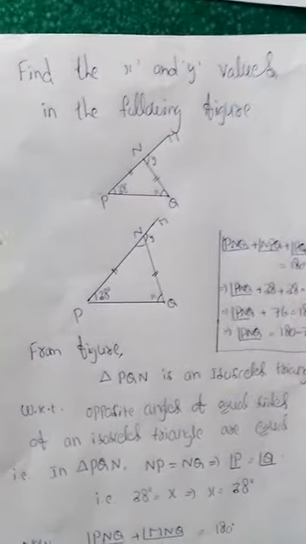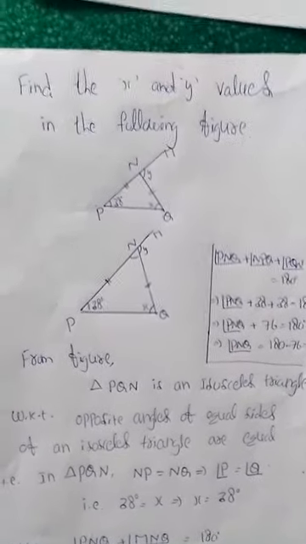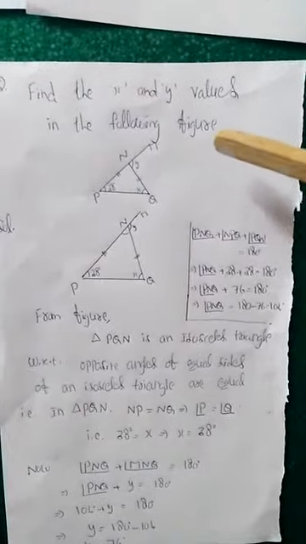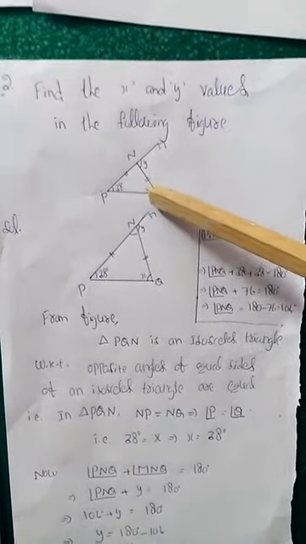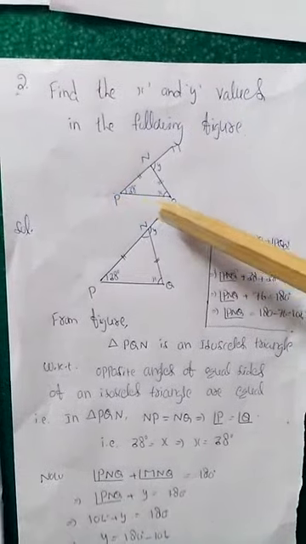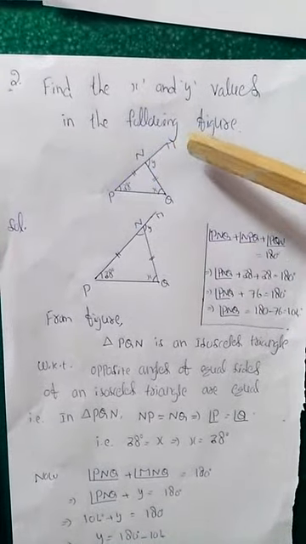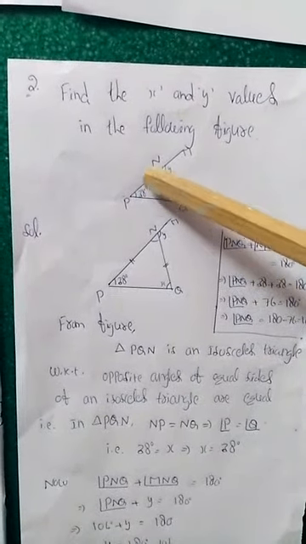And one more problem. See the problem. Find the x and y values in the following figure. See this figure. It is a triangle PQN extended up to M. In this one, two sides are marked as equal.